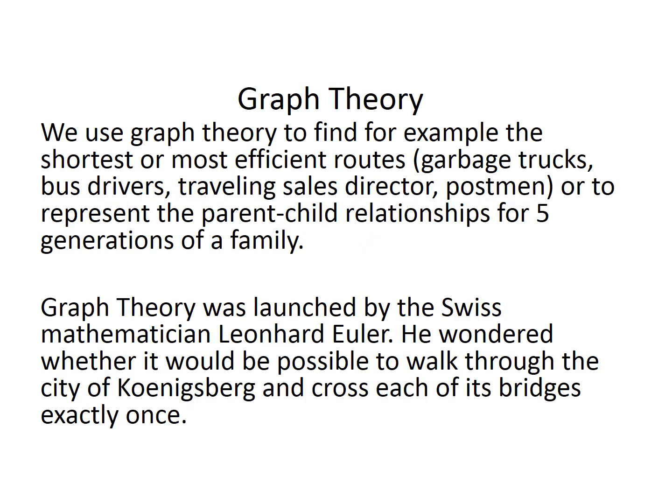So this first chapter has to do with graph theory, but not your traditional graphs that you think of where there's an XY axis. We use graph theory to find, for example, the shortest or most efficient routes, like garbage trucks, bus drivers, traveling salespeople, postmen or postwomen, or to represent the parent-child relationship for 5 generations of a family, for example.